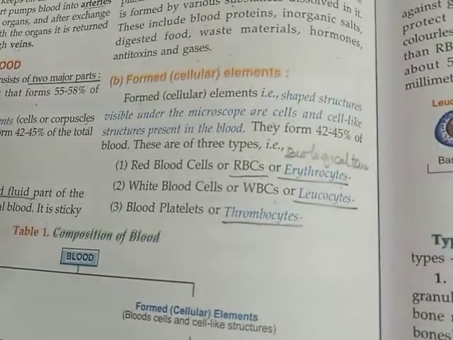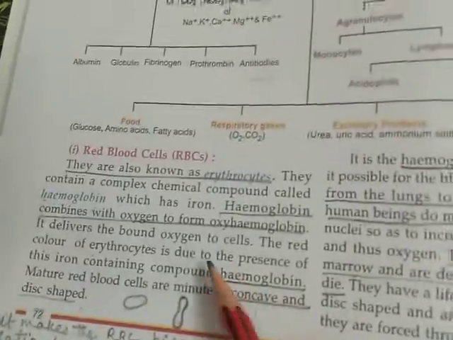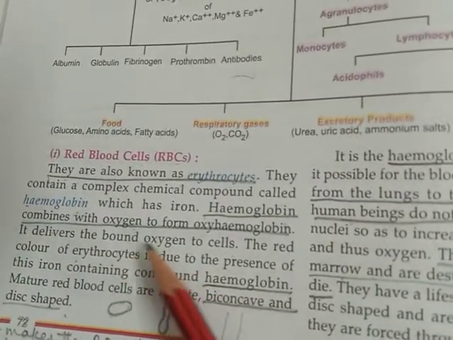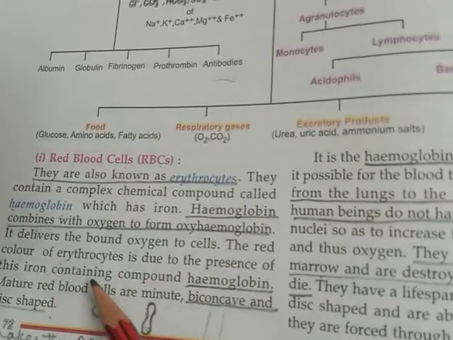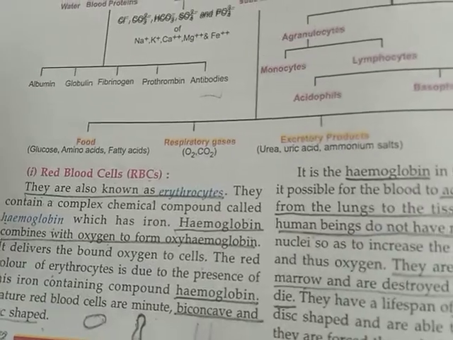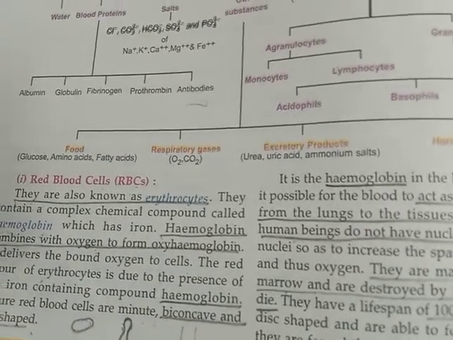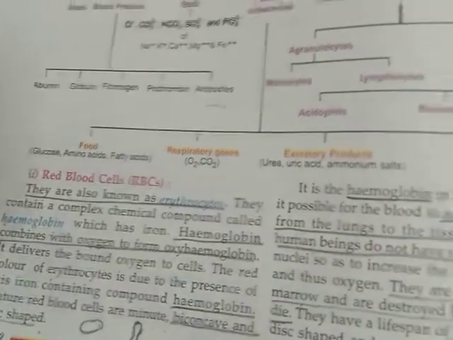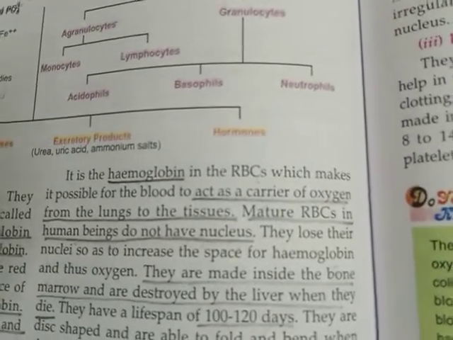Yesterday, we studied about the red blood cells or the erythrocytes. This erythrocyte is made up of a complex compound, that is hemoglobin, which contains iron. Red blood cells are biconcave and disc shaped. They act as a carrier of oxygen from lungs to the tissues.